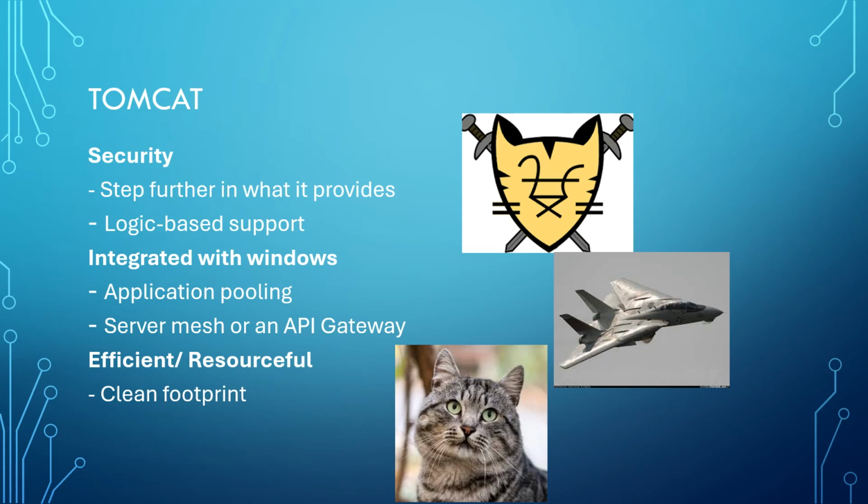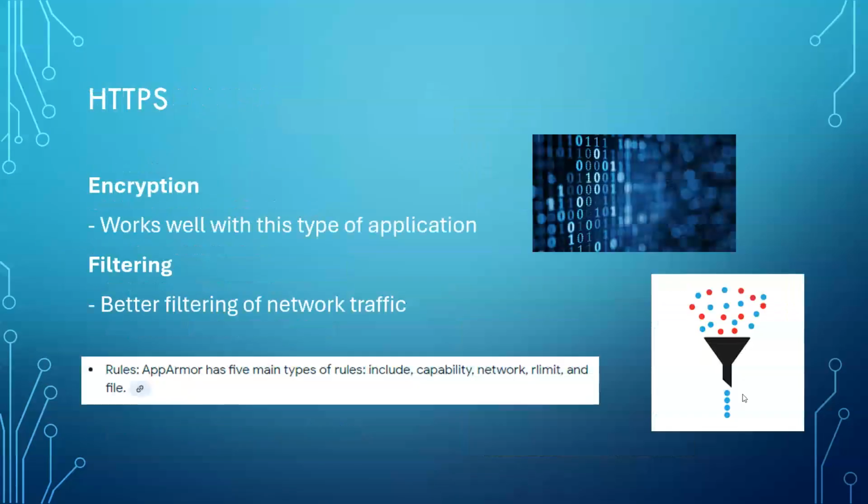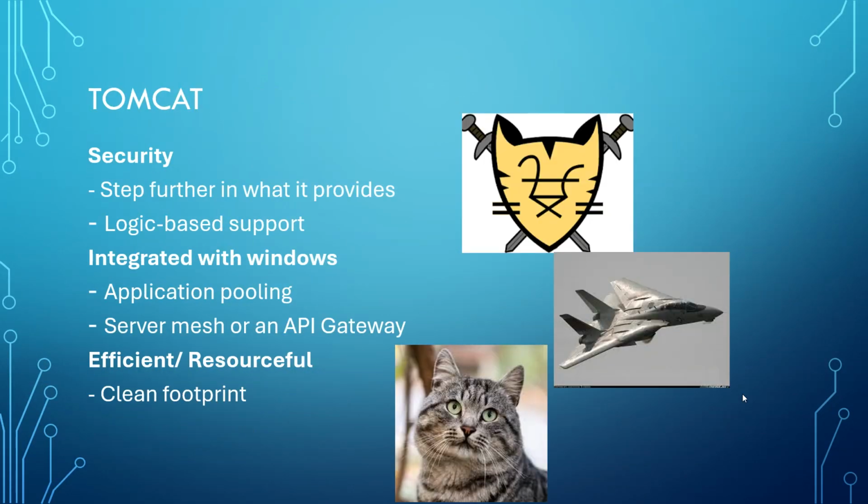I'm sorry about that. Efficiency and resourcefulness. As brought up in the security section, Tomcat is a logic-based supporter with extra extent in what it can do, being useful and resourceful in that sense.